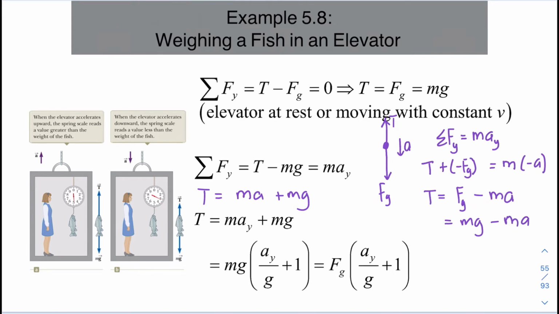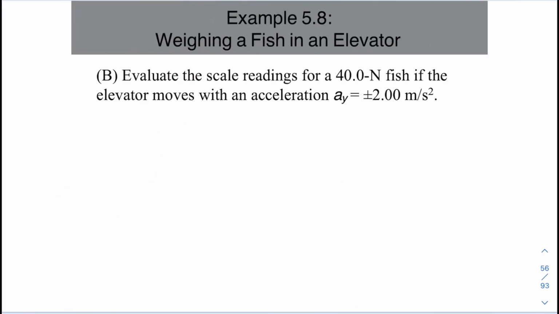It seems lighter, the weight is smaller. That is why we call it apparent weight. It's not the true weight. Apparently it's less weight. So that is how to do the analysis for apparent weight like this.